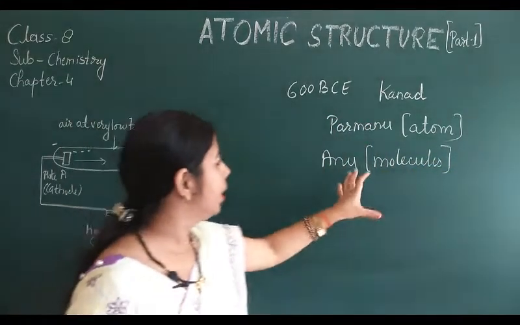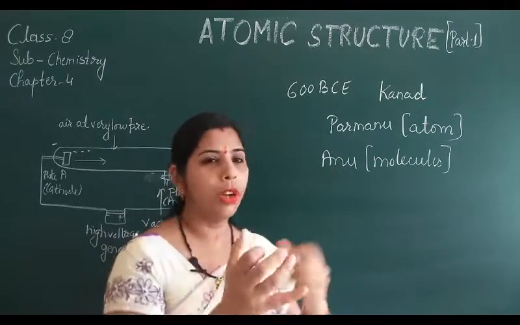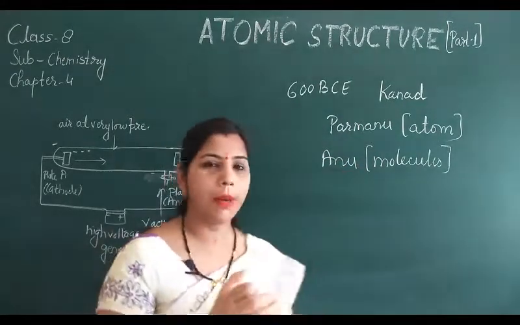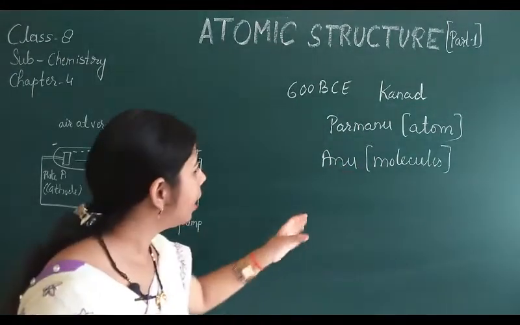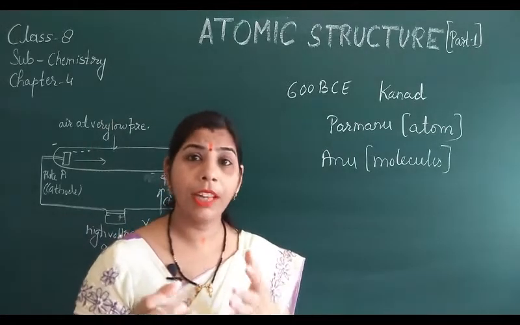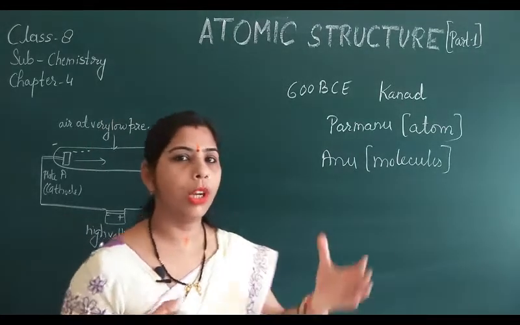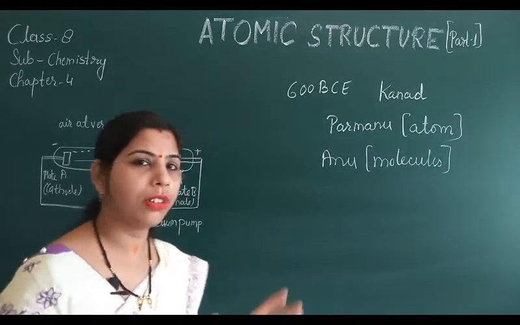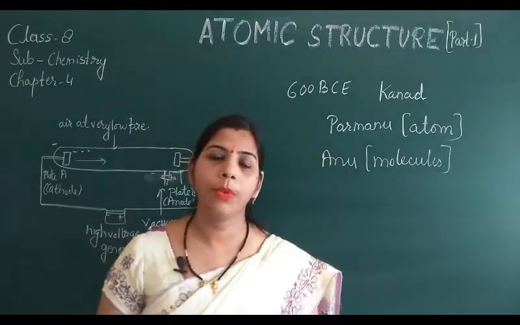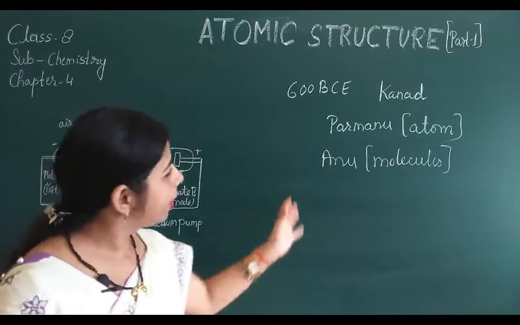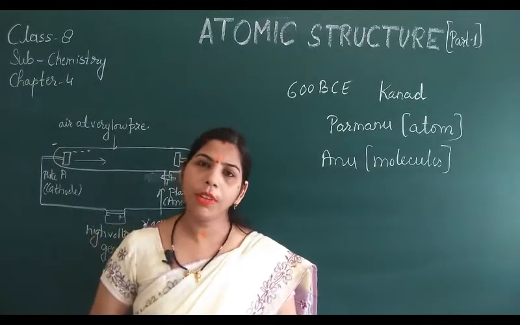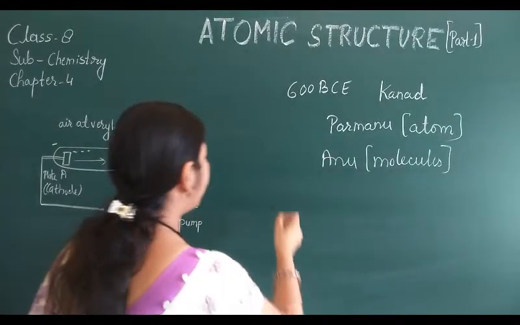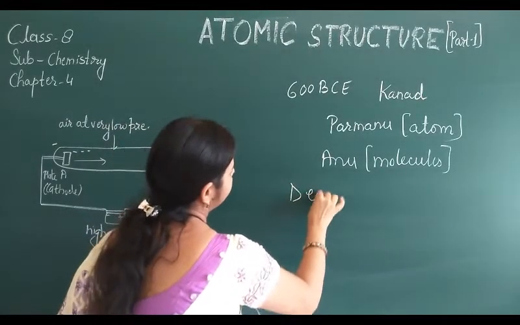Now he also told that a number of molecules, that means a number of Anu, are combined, just like we know about diatomic molecules and triatomic molecules. So he called diatomic a Dravyanku and triatomic a Trianku. After his theory, there was one more philosopher, and the name of that philosopher is Democritus.